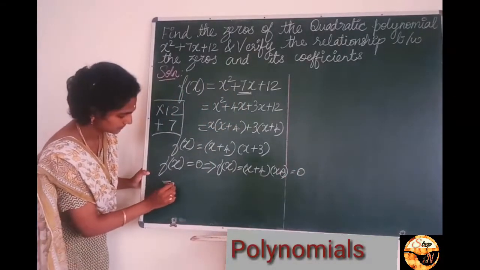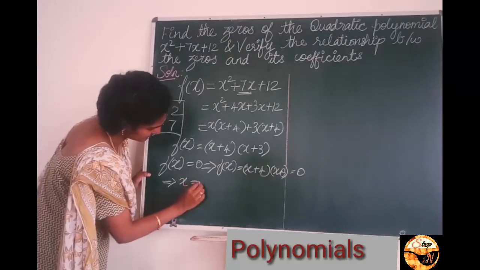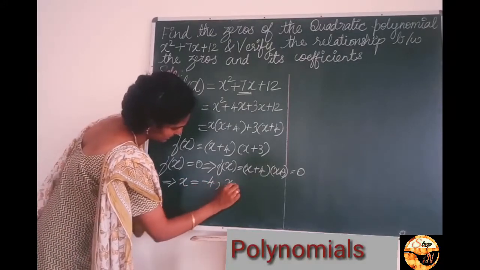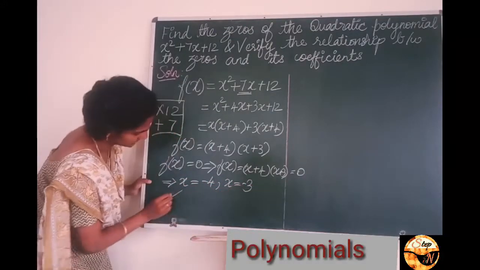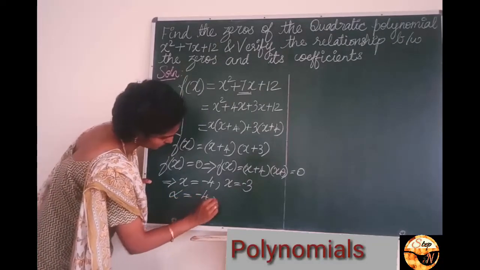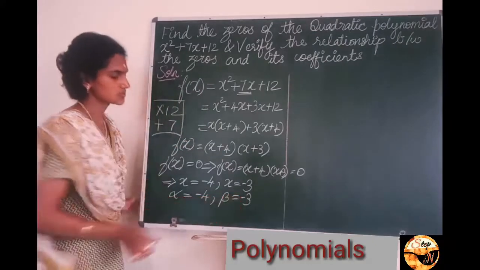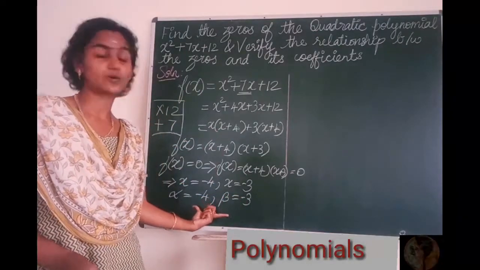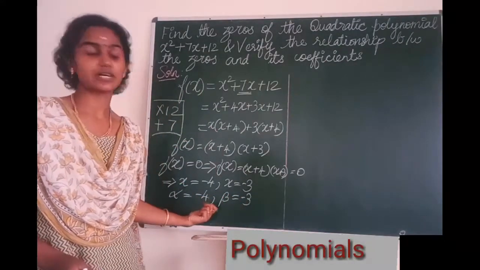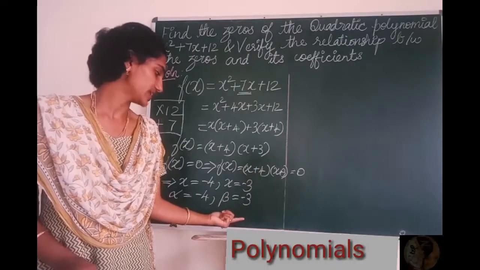So you are getting x as minus 4 and x as minus 3. That is, alpha is equal to minus 4 and beta is equal to minus 3.